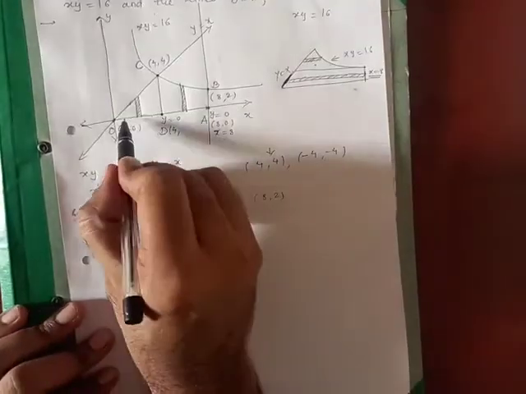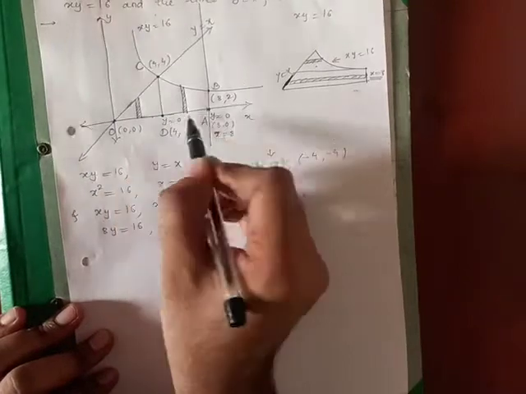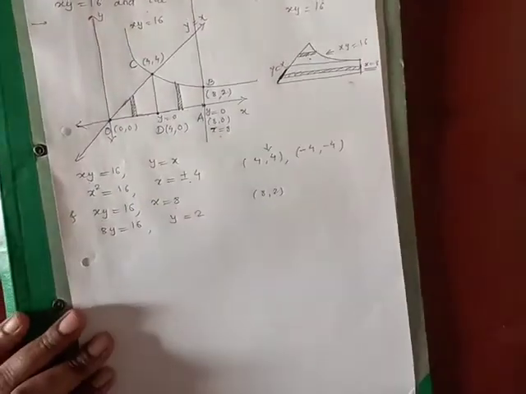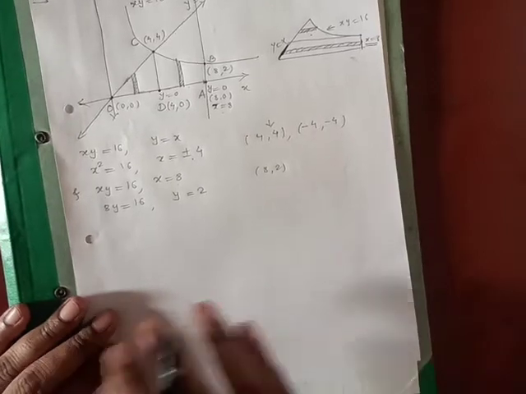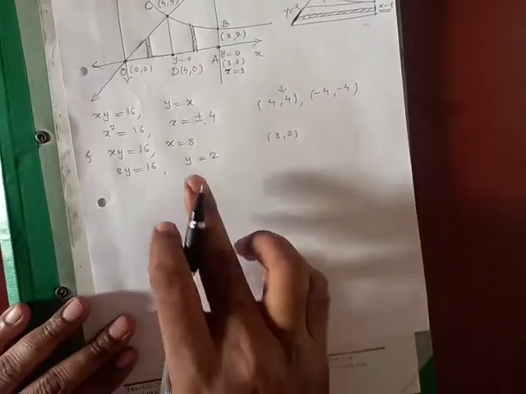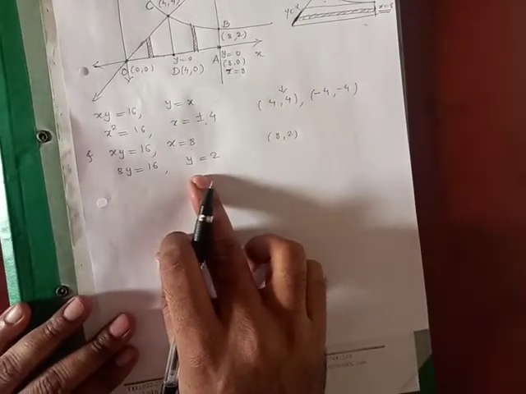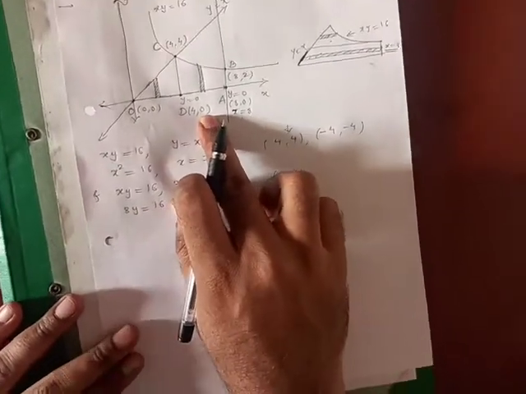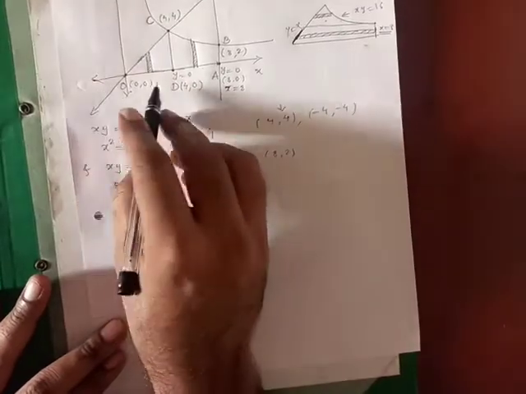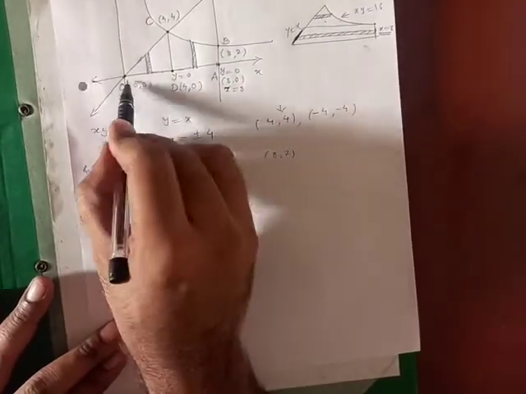But for y coordinate, this is the x axis, so on it y coordinate is 0, so the point is 4, 0. Can you see it? Yes, 4, 0, right?